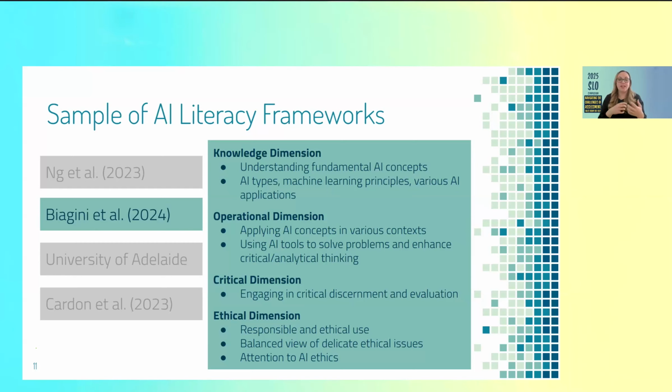The critical domain, again, in the first framework, was all collapsed into one cognitive domain, but the critical domain is having some critical discernment and evaluation of the AI. And like the first framework, this framework also puts the ethical domain on its own separate footing: responsible and ethical use, understanding of AI's ethical issues, and attention to the ethics of AI use among the students. So that's the second one.